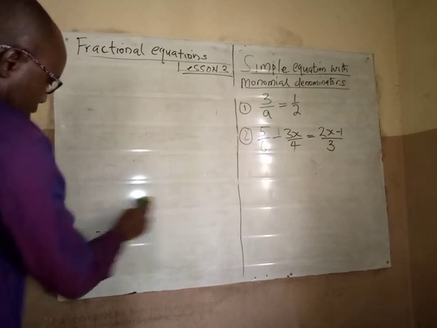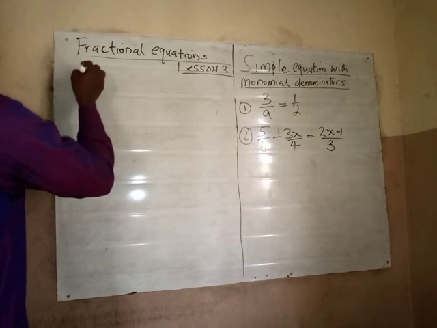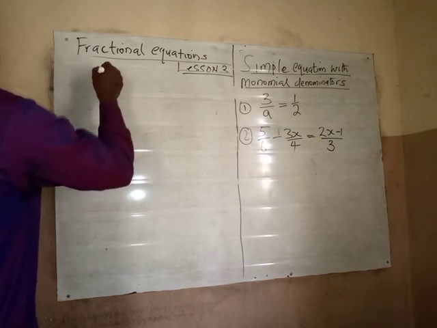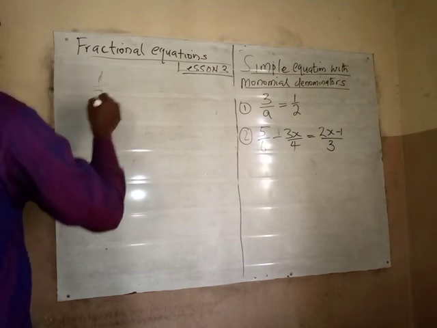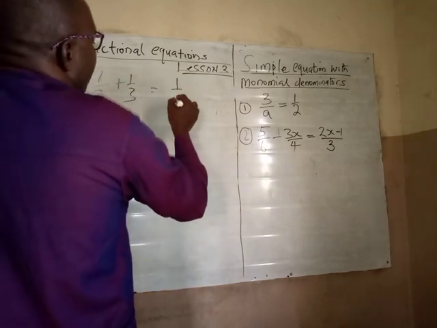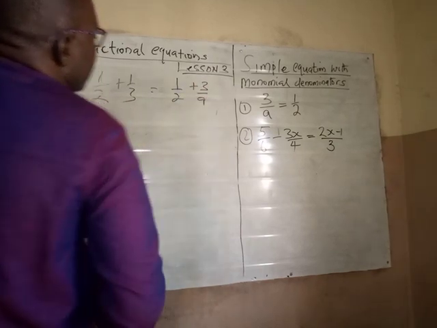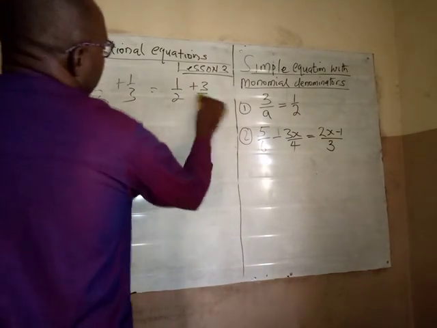Instead of having something like 1 over 2 plus 1 over 3, you are now having something like 1 over 2 plus 3 over a. This is a monomial denominator.